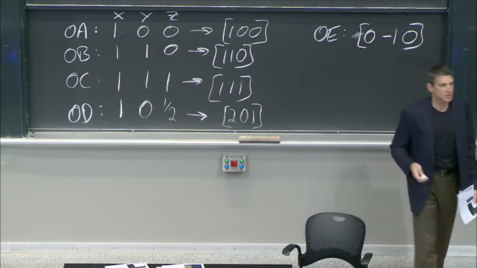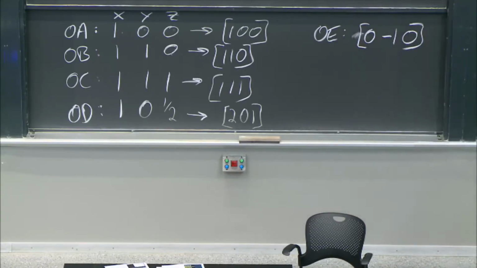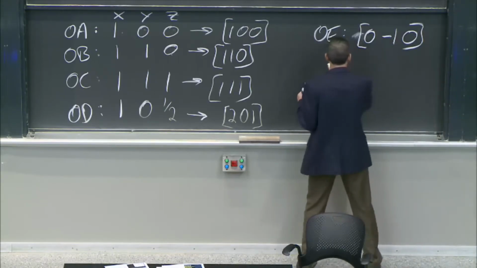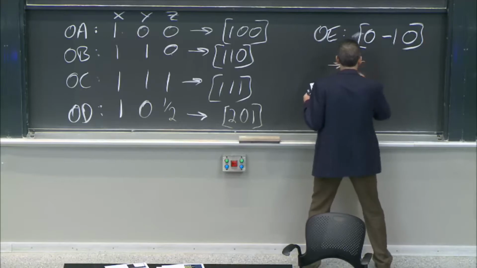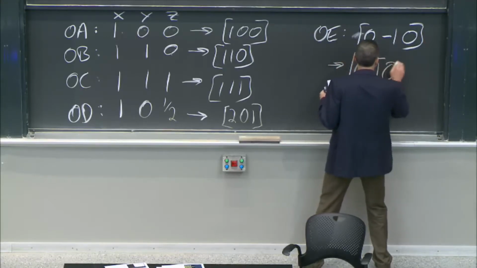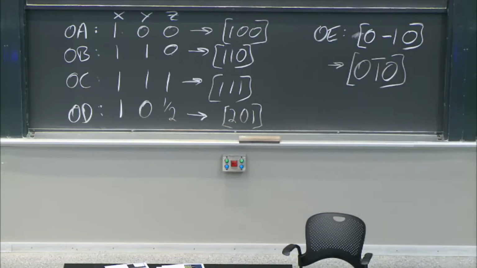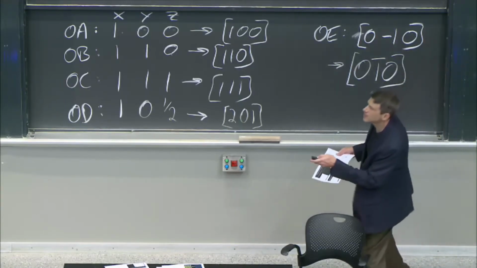But crystallographers don't like having these minuses inside of their brackets, so we write a bar. We write it like this, 0, 1 bar, 0. And that is the notation for going in the negative direction. That would be OE. Did I get that right? OE, yeah.